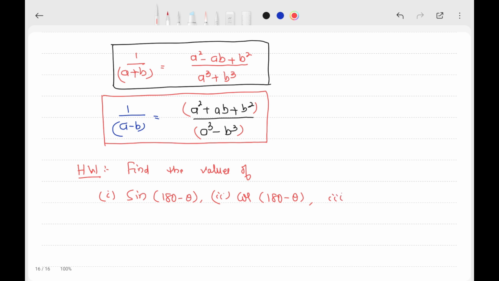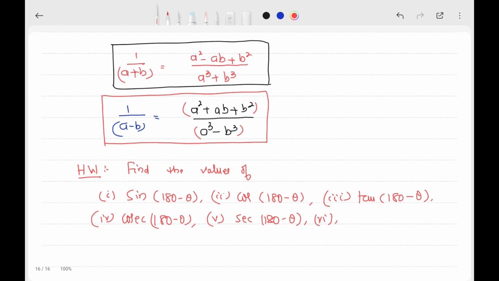Tan 180 minus theta in terms of theta, please find. And cosecant 180 minus theta, secant 180 minus theta, and then cot 180 minus theta.